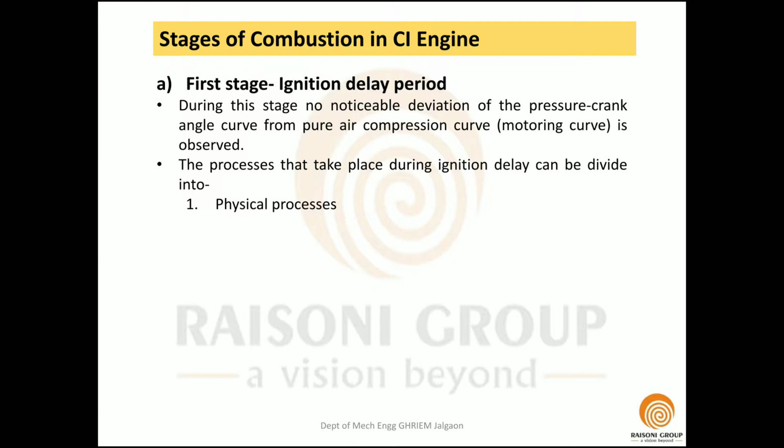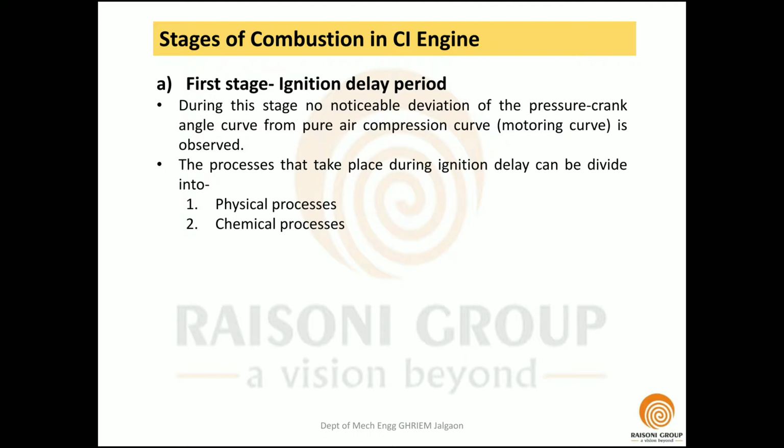And what happens during the chemical processes? The decomposition of the heavy hydrocarbons into lighter compounds and the pre-ignition chemical reaction between the decomposed components and oxygen take place during the chemical process.